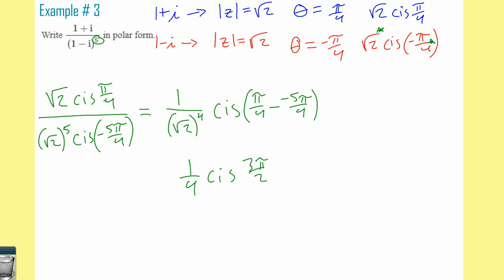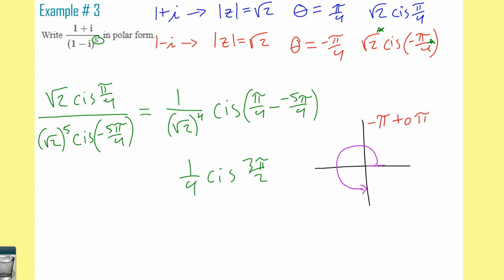Of course, just like with any problem you do in pre-calc or with trig, you're going to have to check and make sure that your angle makes sense. So in this case, our angle is 3 pi over 2. We start here, remember, 3 pi over 2 is here, but our answer should always be from negative pi to pi.